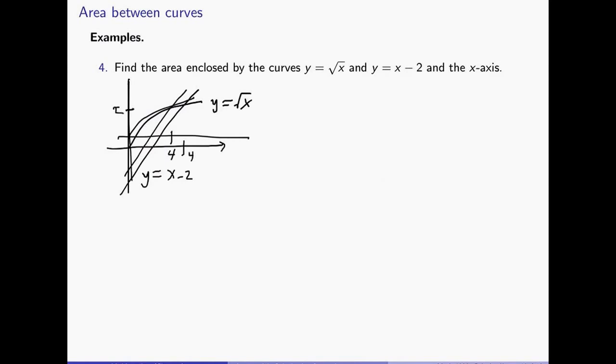Now this is the x-axis, and this is the y-axis. So let's draw this as a function of y instead of a function of x. So if this is the y-axis and this is the x-axis, now it's easy to make a mistake here. So I'm going to switch to red for this.